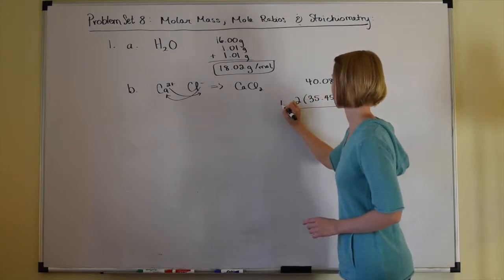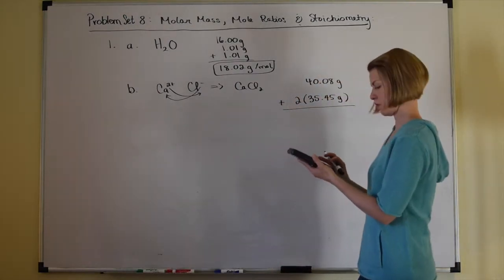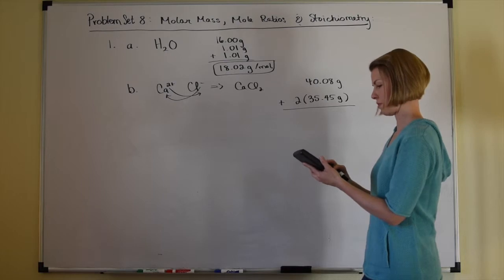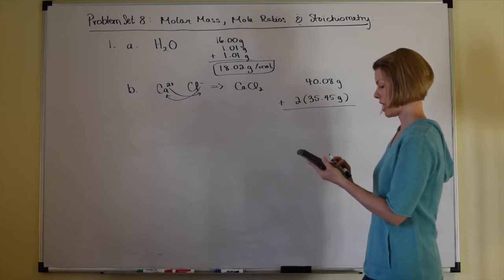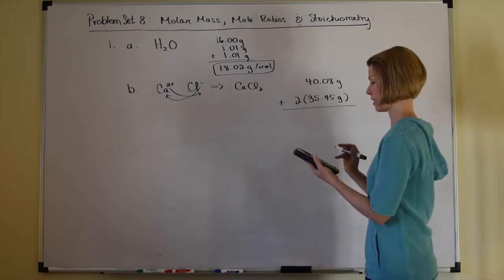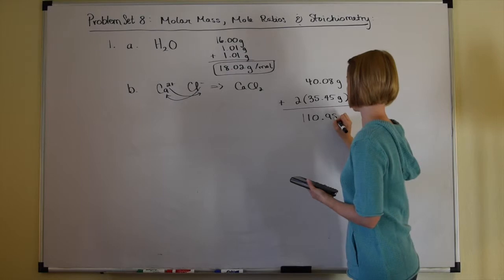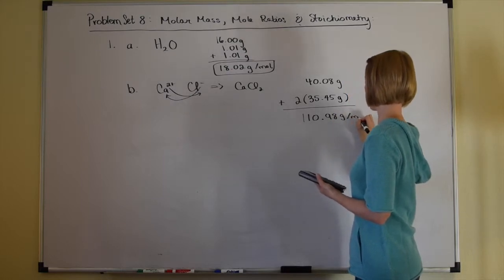Okay, we're going to add those together. All right, I'm going to use my calculator so it goes a little faster. 35.45 times 2, add in that 40.08, and I get 110.98 grams per mole.